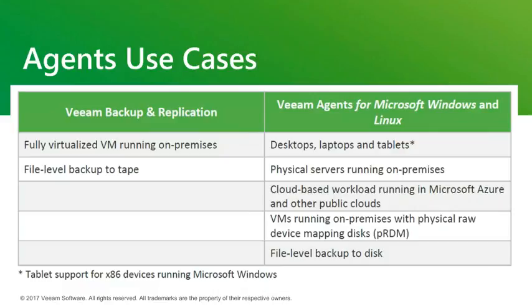In case you have any physical servers or cloud-based workloads running on Azure, Amazon, and other public clouds, this can be covered by Veeam agents as well. Any kind of VMs running on premises with physical device mapping, pRDMs, no problem, this can be covered as well. And all kinds of file-level backup to disk.